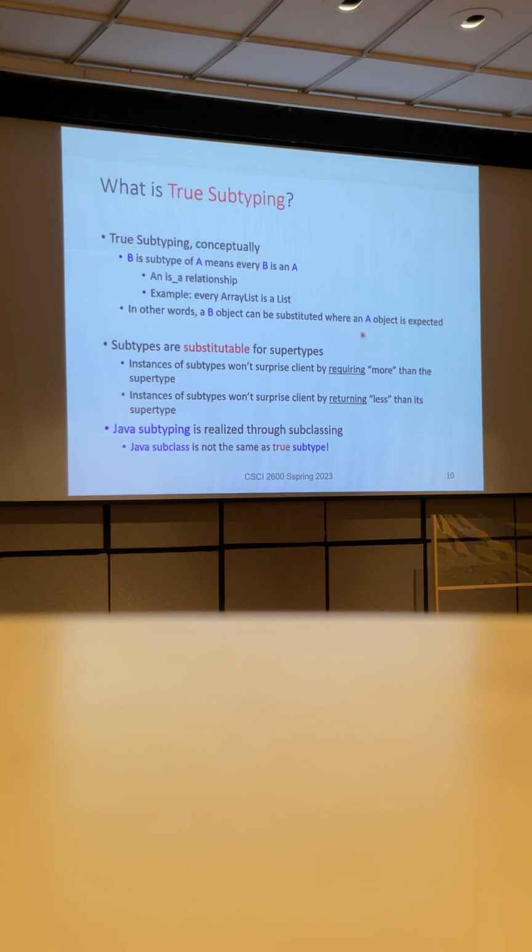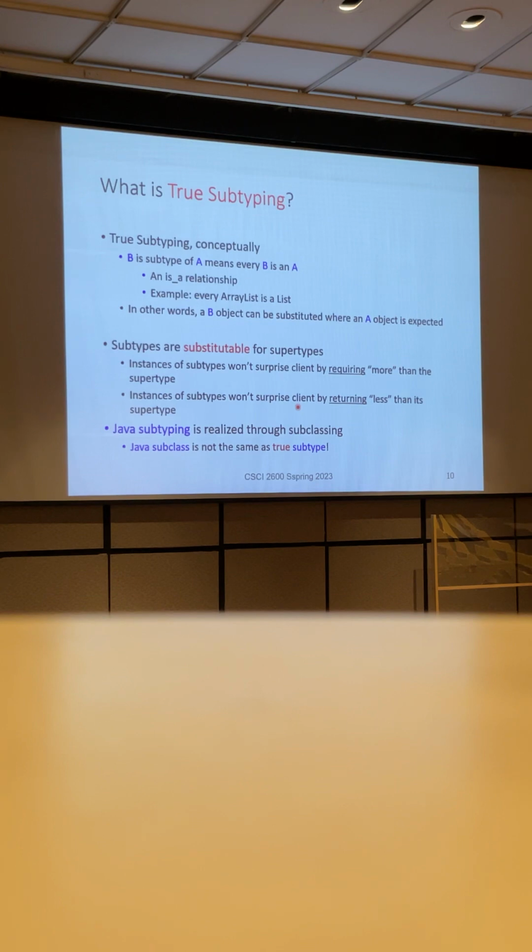And that, of course, means that instances of subtypes should not surprise the client by requiring more. So they should not have a stronger precondition, and they cannot offer a weaker postcondition. They should not surprise the client by returning less in the postcondition. This is the definition of true subtyping.